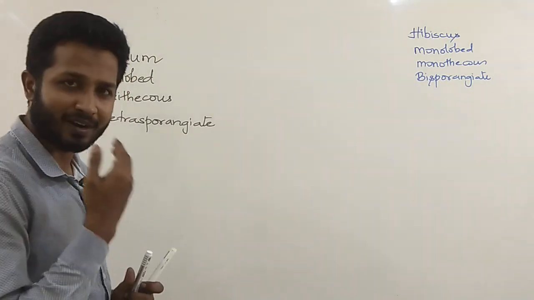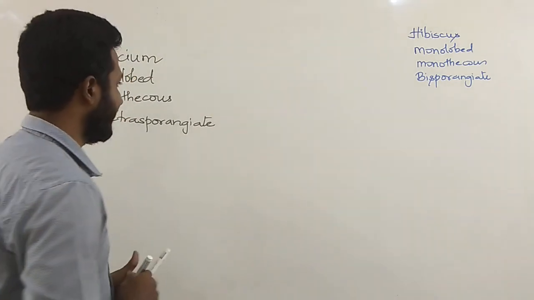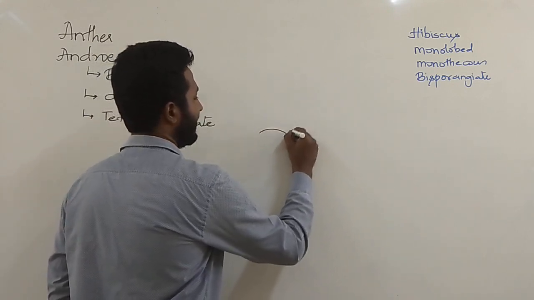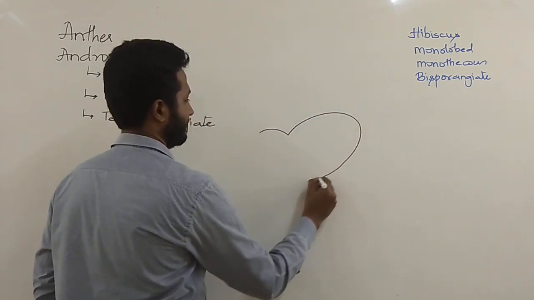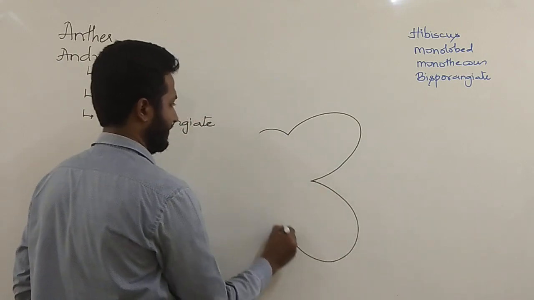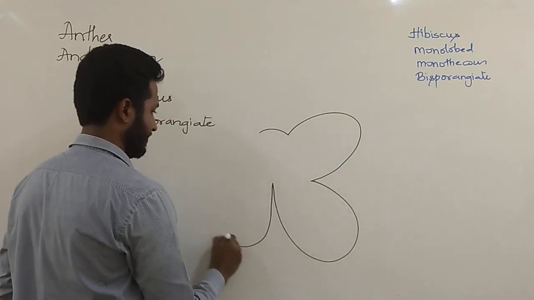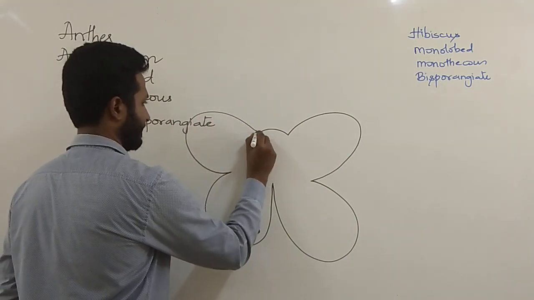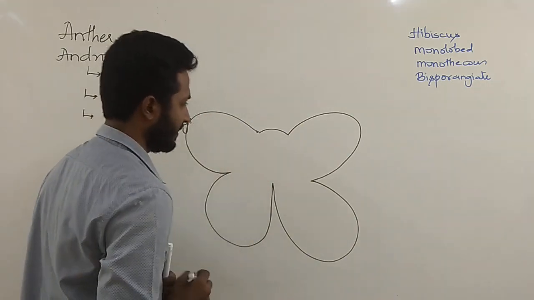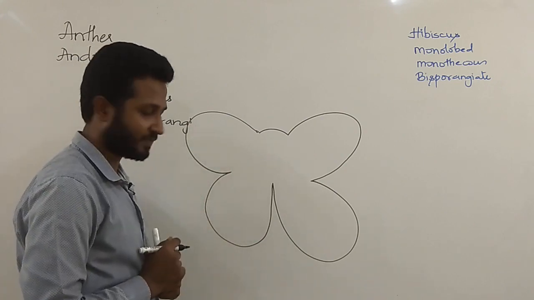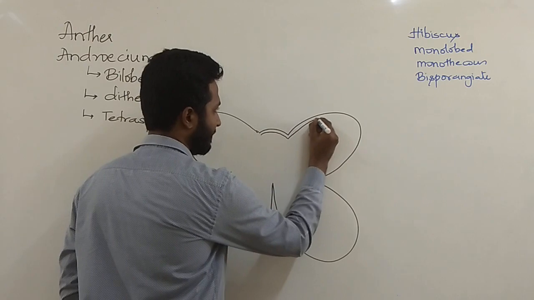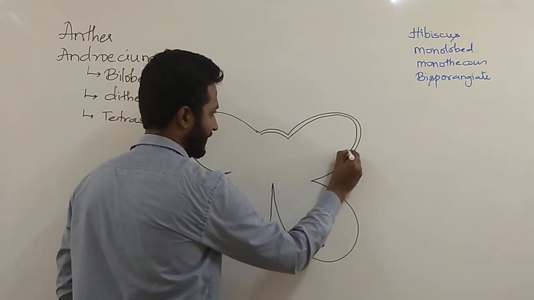Let us try to understand how to draw this first. If I take a cross section of an anther, I see a butterfly-like structure. Please try to understand the technique of how to draw this particular diagram. You draw a butterfly-like structure. From inside, draw one layer exactly parallel to the previous line.